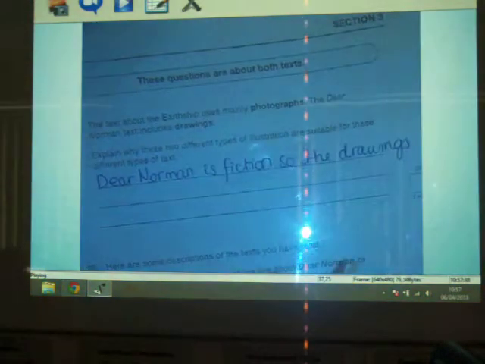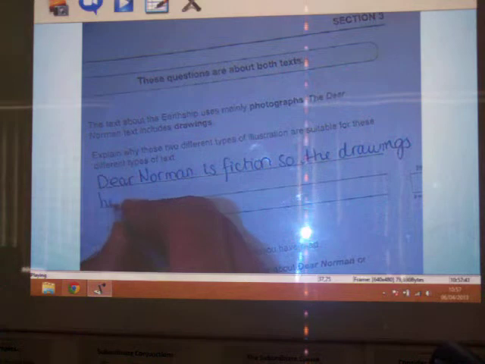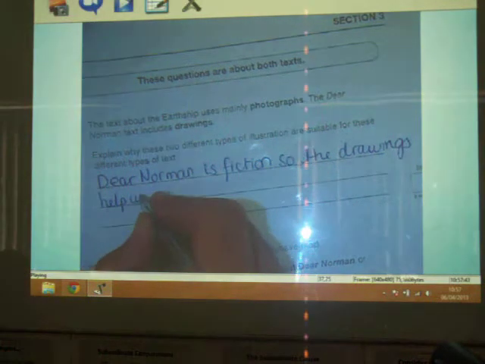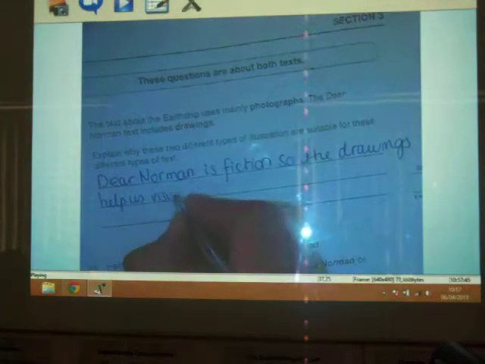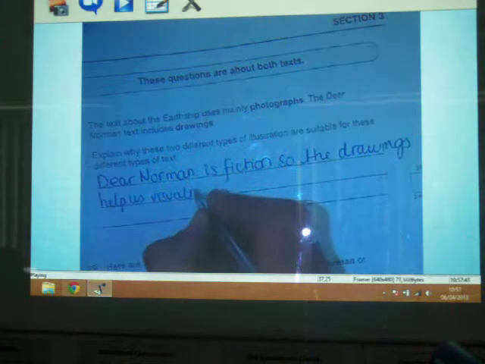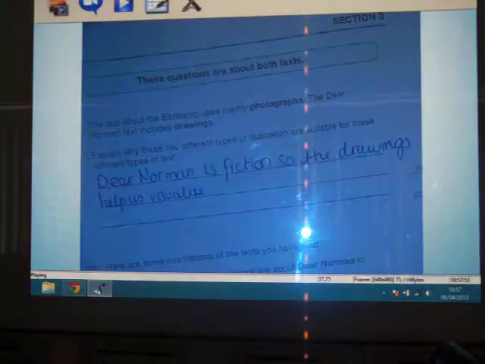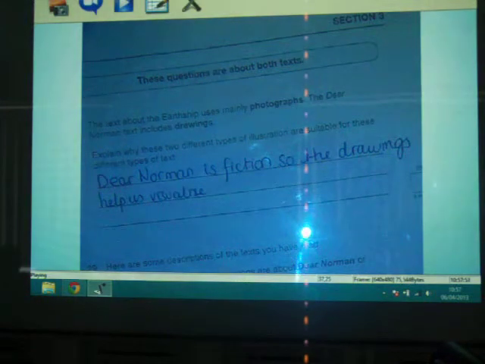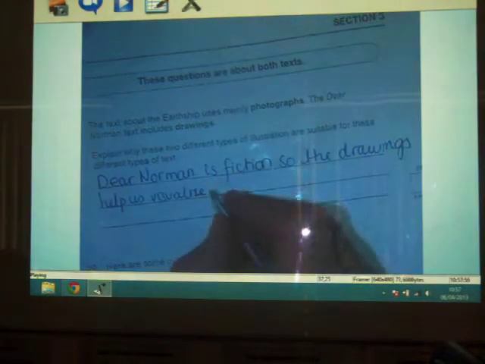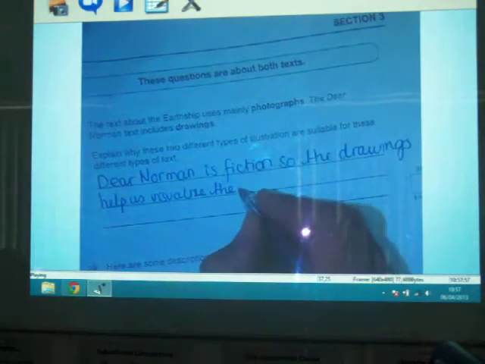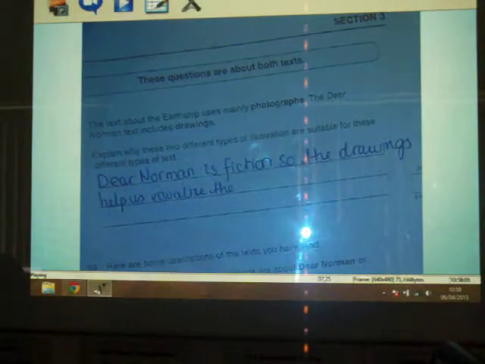So the drawings help us to visualize the story.